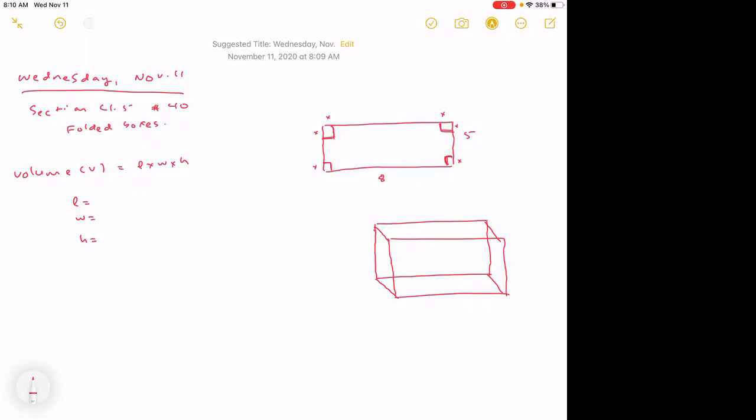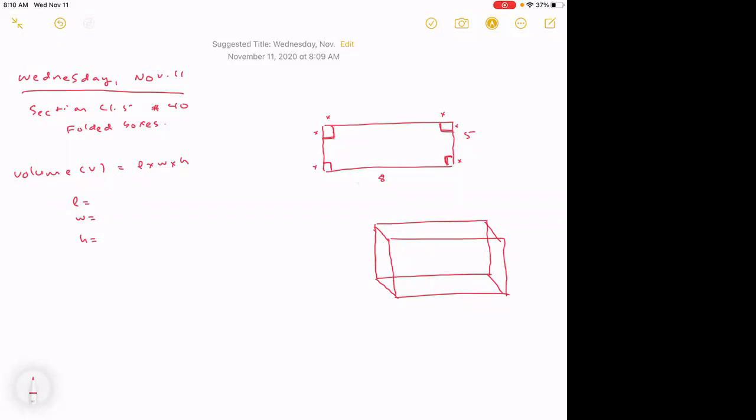So let's say this is an 8 by 5 piece of cardboard. From each corner, you cut a square out whose length is x by x.